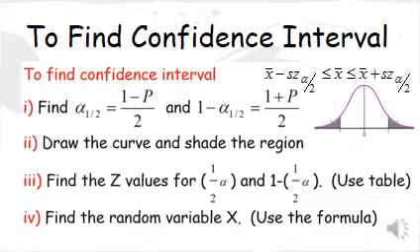To find the confidence interval, we need to know the percentage of the confidence interval. Then the leftover percent, which would be 100 minus the confidence interval, will be our alpha. Divide that into 2 to find the shaded regions on the left and the right side of the confidence interval.